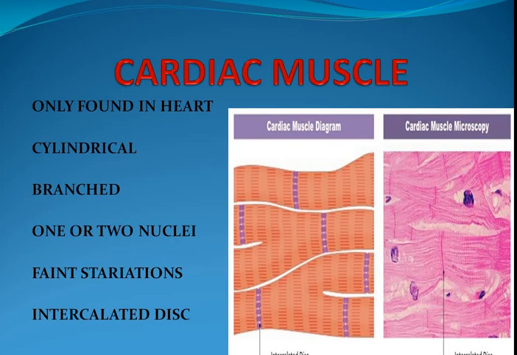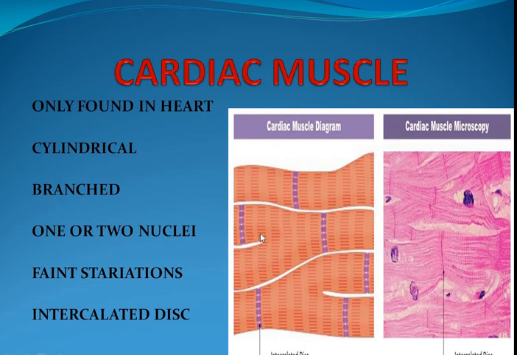Next, we are going to discuss the cardiac muscle. The cardiac muscles are a special type of involuntary muscle which are only found in the heart. They are cylindrical but different from the striated muscle, because the striated muscles are cylindrical but unbranched, but the cardiac muscles are cylindrical and branched.